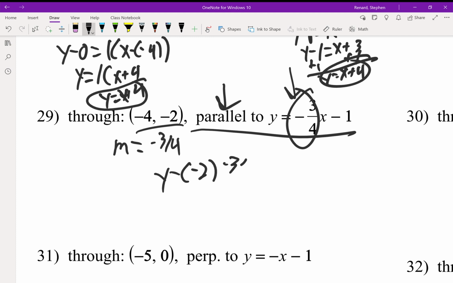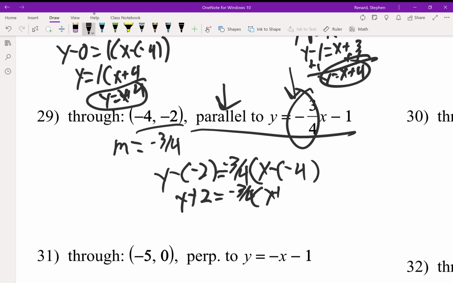Sorry, give me a second. And then change it into slope-intercept. So this is going to end up looking like y plus 2 equals negative 3/4 times x plus 4. And then we're going to distribute that 3/4.